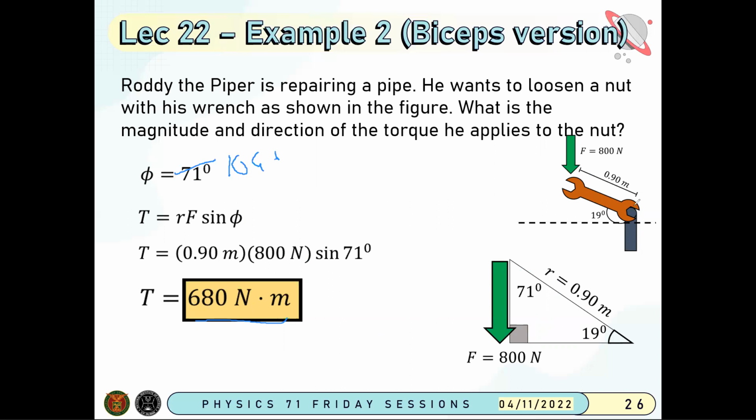Ito yung R, ito yung F. So R cross F, if you curl your fingers, then ang direction niya ay out of the page. Okay, so positive k hat again. So generally, out of the page ang positive k hat. Pag into the page, then negative k hat. So dito, ang direction ay positive k hat.